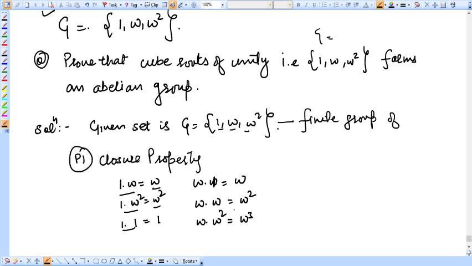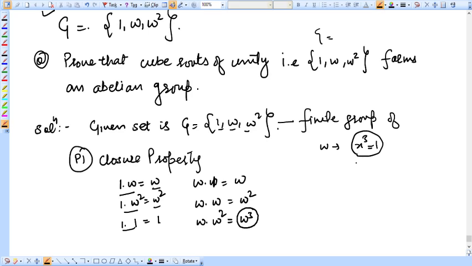Or some of you might be thinking that this is not part of G. But it is part of G. Why is it part of G? See here, since omega is the root of x cube minus 1, right? Omega is the root of x cube equal to 1, or you can say omega is the root of x cube minus 1 equal to 0.